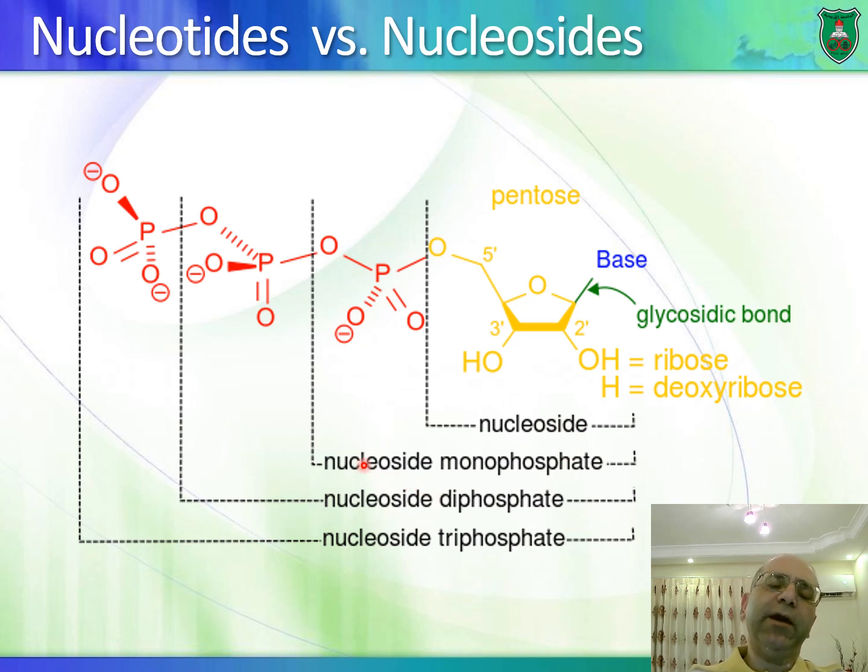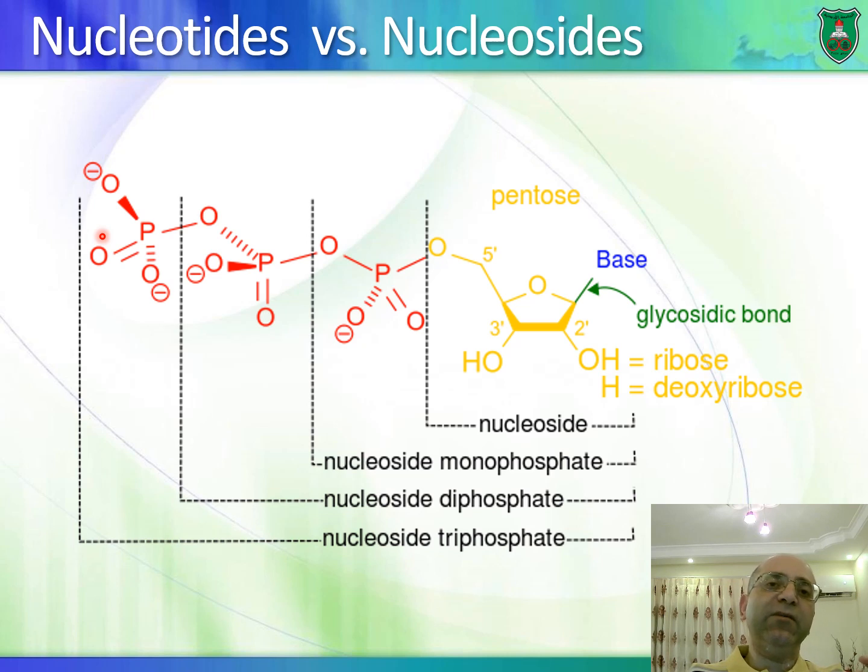Now, a nucleotide can have actually 1 phosphate group, 2 phosphate groups, or 3. So if I say this is a nucleotide, I would know that it contains a sugar, a base, and a phosphate. But how many phosphate molecules? I don't know. It could be 1, 2, or 3. So in order to be very specific with the naming, we say it's a nucleoside monophosphate.